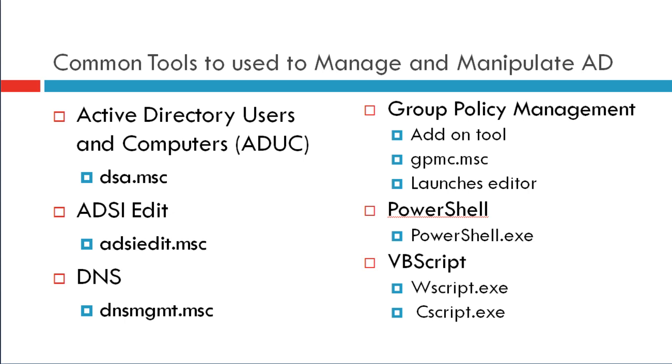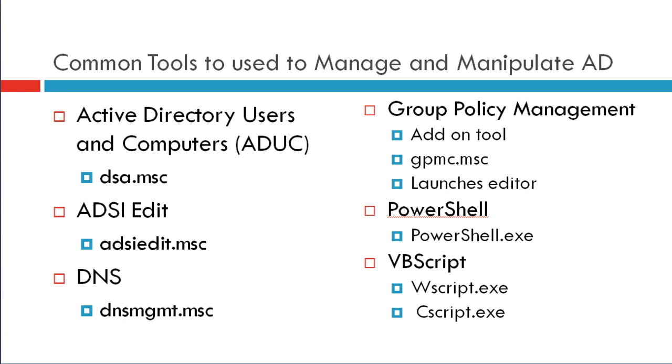You also have DNS, which is dnsmgmt.msc. This is essentially just used to manage domain names for computers and also services that you're going to start up. For instance, for NLB, you would make a DNS entry in there to reference the NLB address.